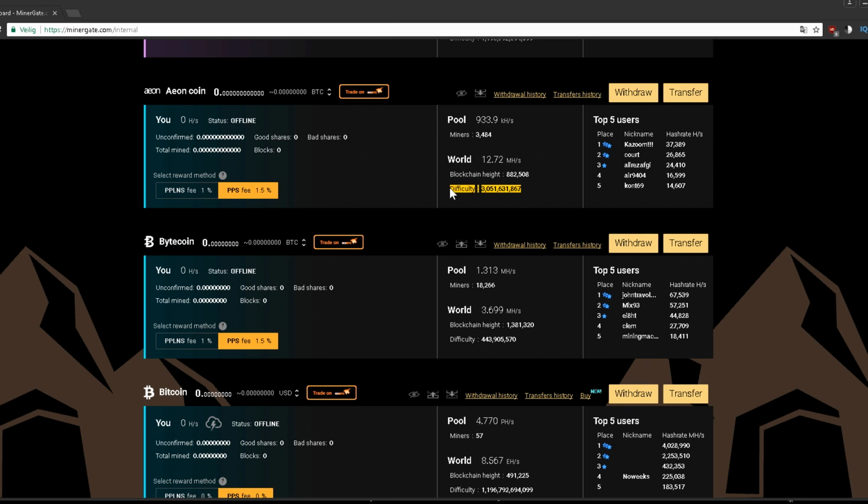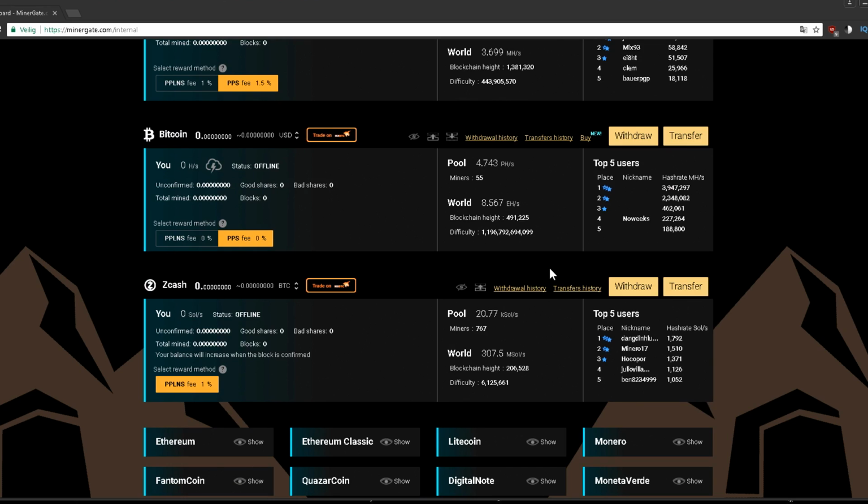If a coin has a very high difficulty, you will need a lot of computational power. You will need lots of calculations to get a share. That's why it is very hard to mine a Bitcoin, because the difficulty is extreme, as you can see here.